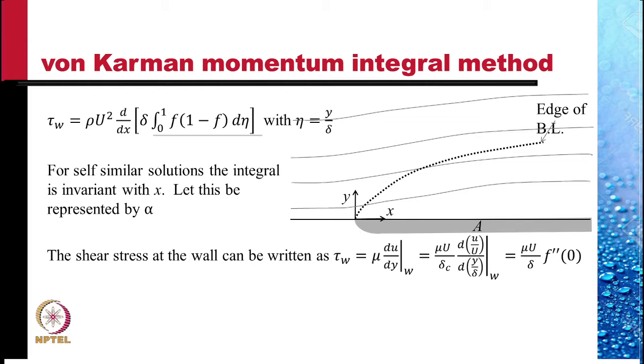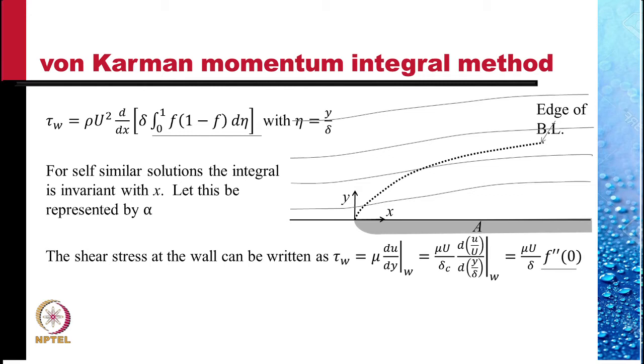The shear stress at the wall, the left-hand side of the equation, can be written as tau w is equal to mu du by dy at the wall, which can be shown as equal to mu U by delta times f double prime 0.